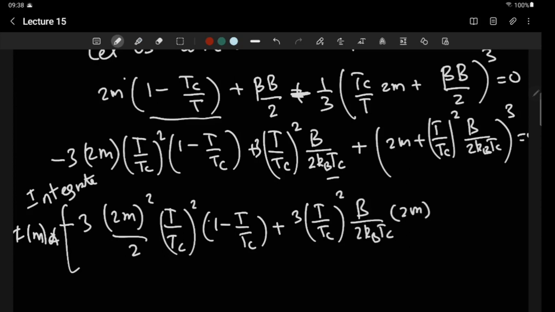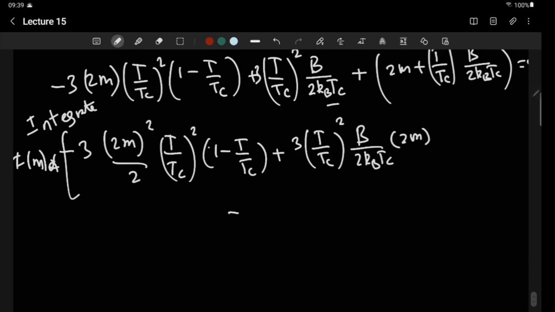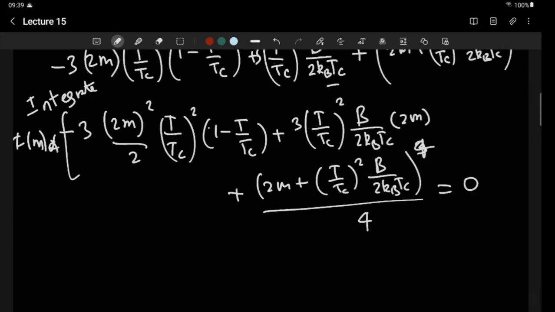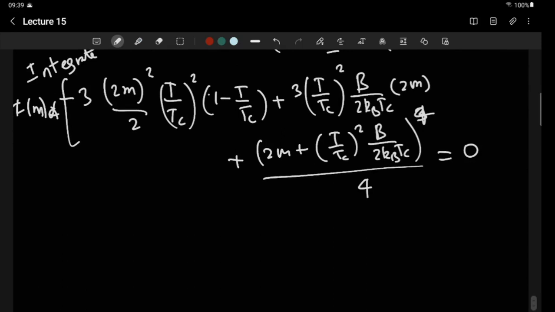Okay, integration of a constant plus, now I have to integrate this, so that will just be 2m plus t by tc whole square b by 2, sorry, it's not so hard but it's a little messy, power 4 by 4 equal to c. Okay, so let's focus on this: f of x is equal to x power 4 by 4.